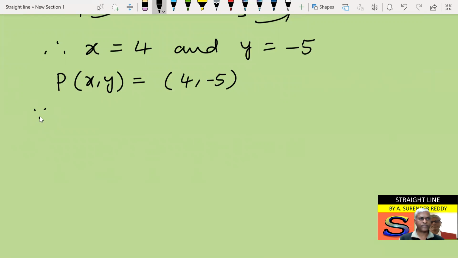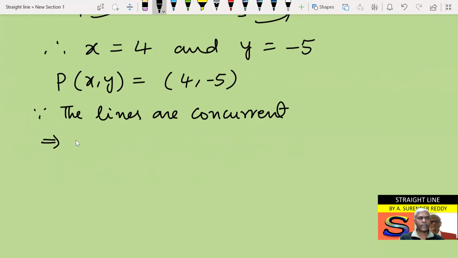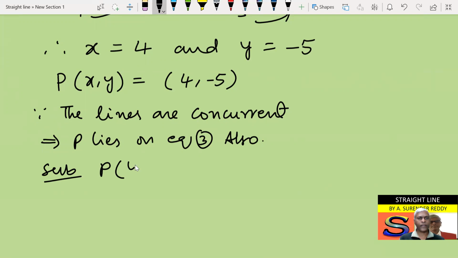Since the 3 lines are concurrent, that means P lies on the third line, equation 3, also. So substitute P (4, minus 5) in the third equation.